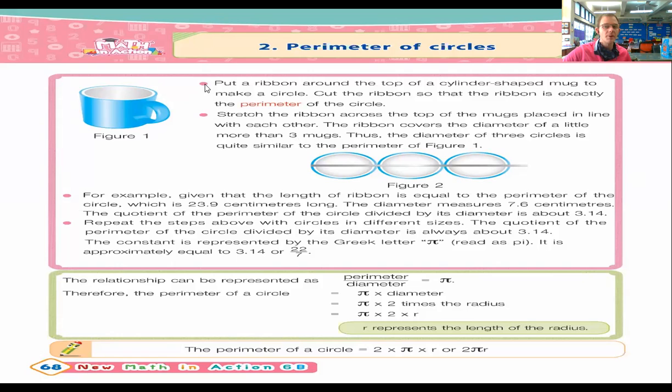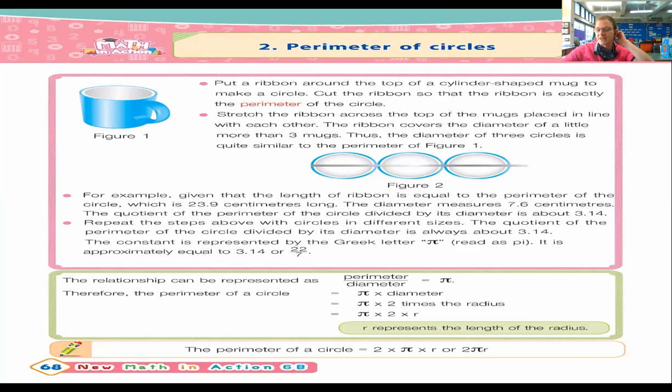You can put a ribbon around the top of a cylindrical mug, meaning you take a ribbon and put it around something round. Once you've done that, you can cut the ribbon at the exact place where the ends cross each other. That gives us the perimeter of the circle. Then we can take that ribbon and make it a straight line.